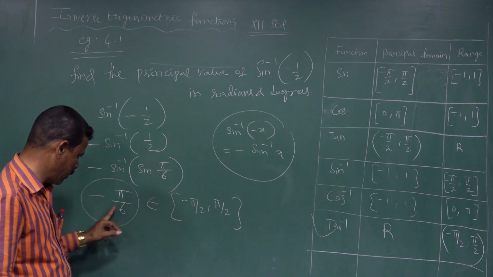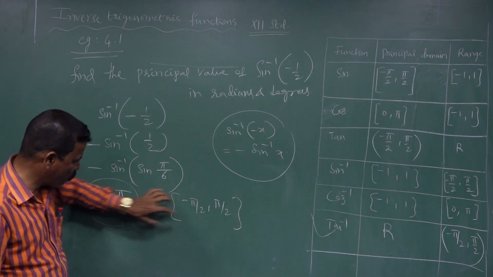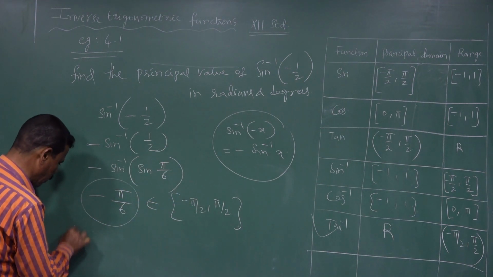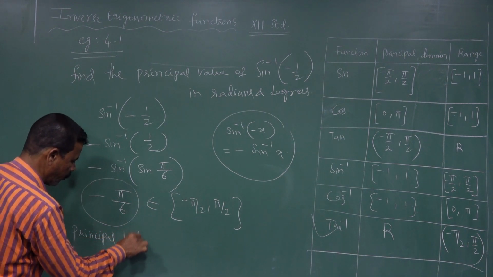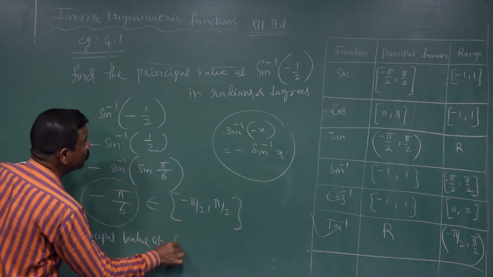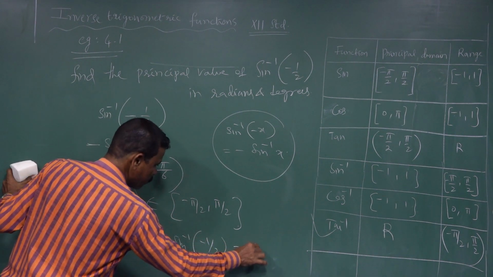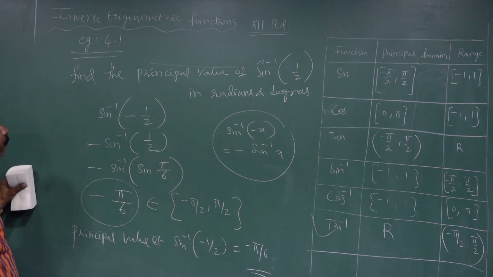It is above minus 90 and below 90, so this value belongs to this range. That's why the principal value of sin inverse of minus 1 by 2 is equal to minus π by 6. This is the answer.